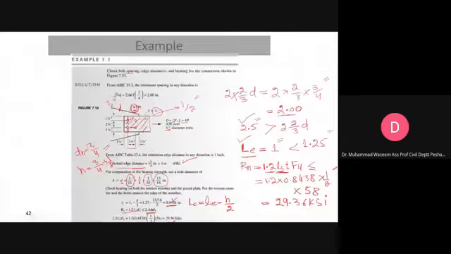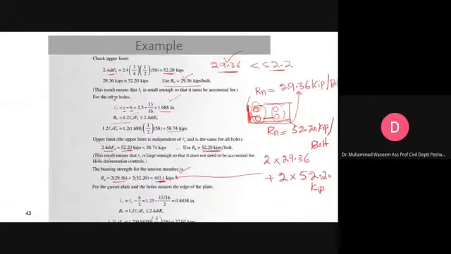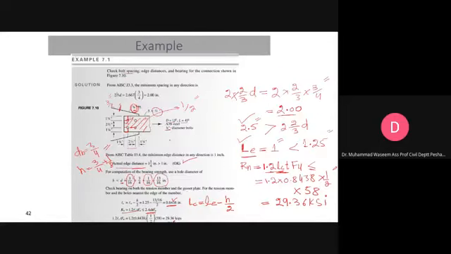Now we have to follow the same procedure for the gusset plate. Okay, let me grab my pen. This is the pen. The gusset plate has the same hole dimensions as this member.